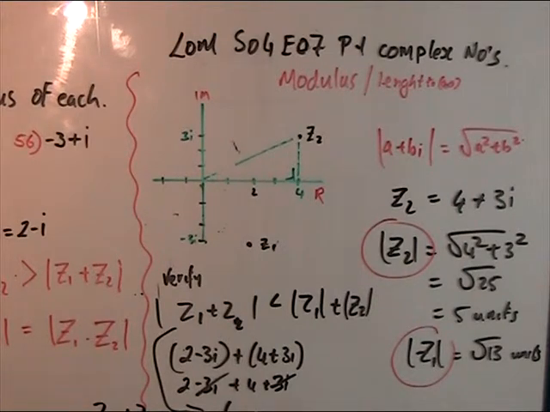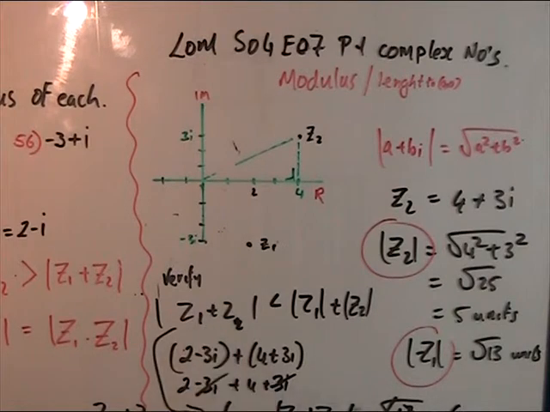Now to get the length of Z1 plus Z2, I have to square it and take the square root. The square root of 6 squared, which is 36, the square root of 36 is 6. So they always cancel, same with cubes and higher indices. So the answer is 6.